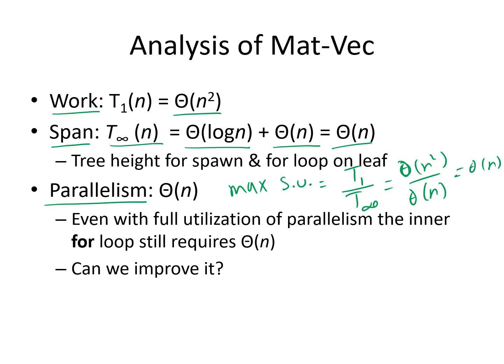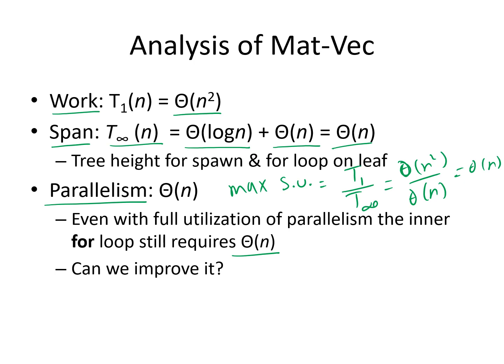So notice that even when we are fully able to utilize the parallelism, even if we have an infinite number of processors, all the parallelism that we would ever need to execute this algorithm, still it is taking theta n time, right? And this is happening mainly because recall that in the nested for loops we have not parallelized the inner for loop, right? We have only parallelized the outer for loop.